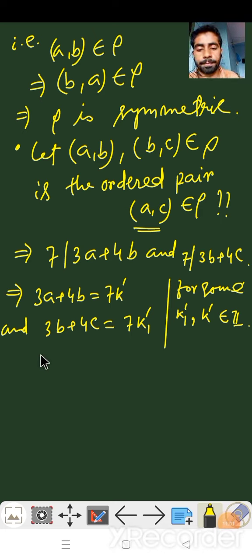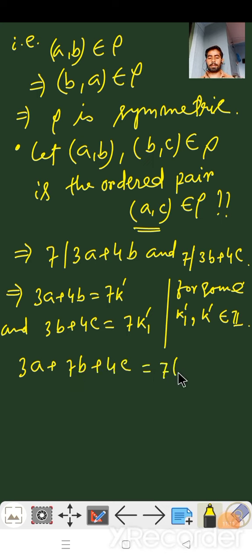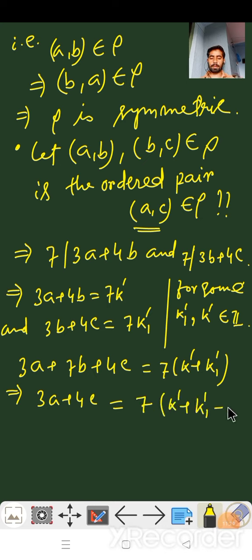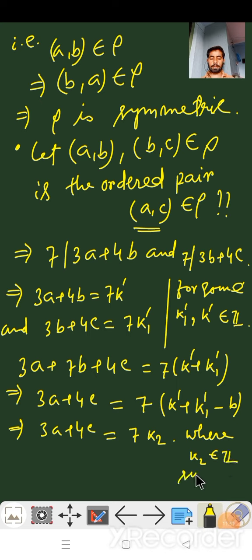Now adding these two equations, we have 3a plus 7b plus 4c equals 7 into (k dash plus k1 dash), which implies that 3a plus 4c equals 7 into (k dash plus k1 dash minus b), which implies that 3a plus 4c is equal to 7k2, where k2 belongs to Z such that k2 equals k1 dash plus k dash minus b.